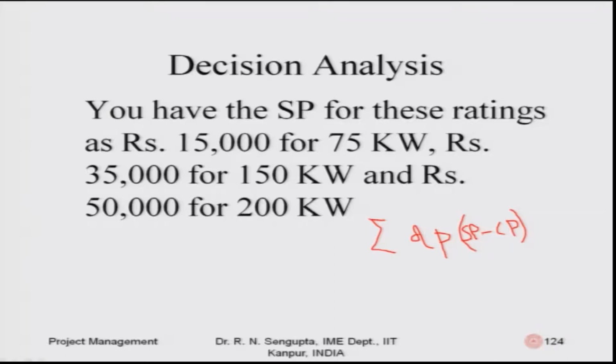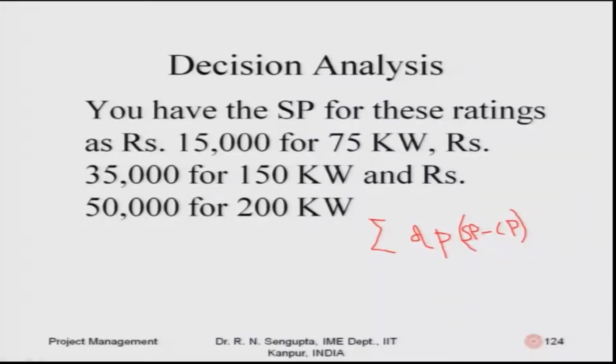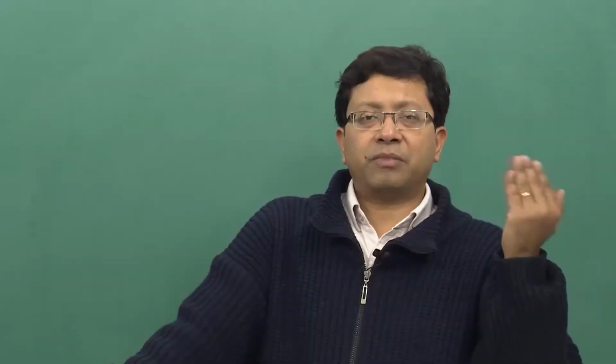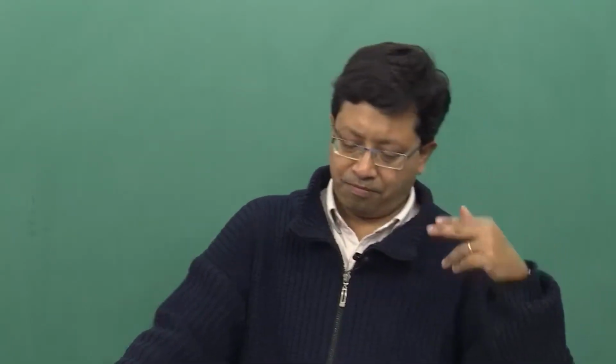So, if the selling price is 15,000 and the cost price for the 75 kilowatt is considered 5,000, it will be 15,000 minus 5,000 for the first term inside the bracket, multiplied by the probability P1 multiplied by D1. Similarly, it will be selling price 35,000 minus some cost price CP2 inside a bracket, multiplied by the demand D2 and probability P2. For the third case, it is 50,000 minus the cost price CP3 inside the bracket, multiplied by demand D3 and probability P3.